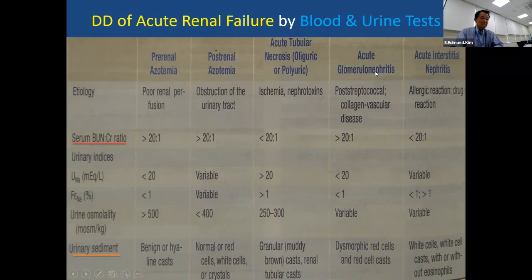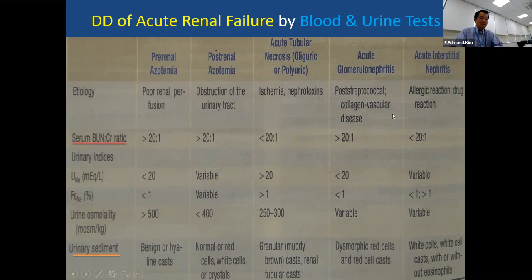Clinically, they all look similar by symptoms, but they are differentiated by the BUN creatinine ratio, urine sodium amount, free sodium, osmolarity, and urine sediment.